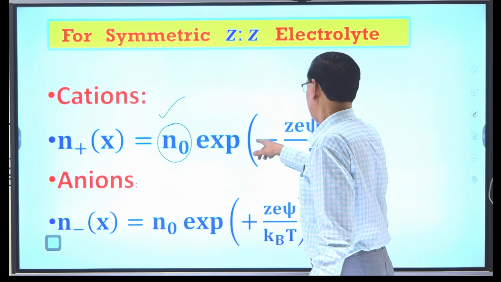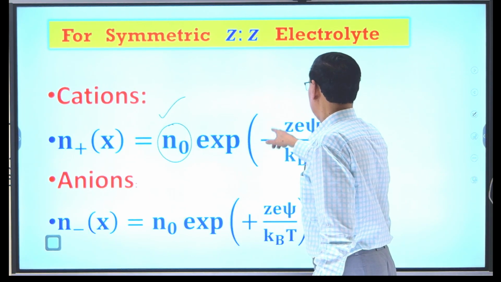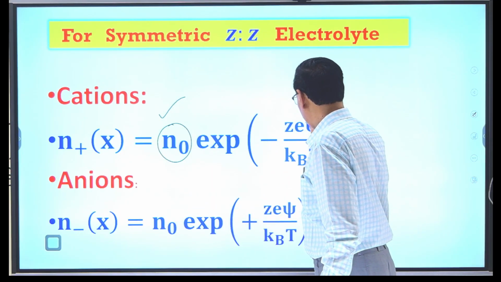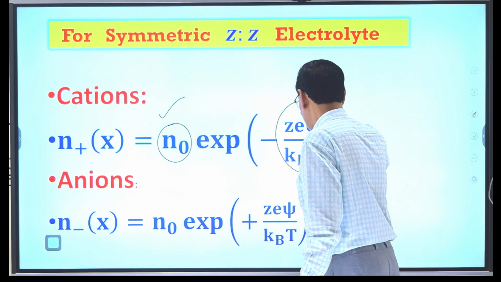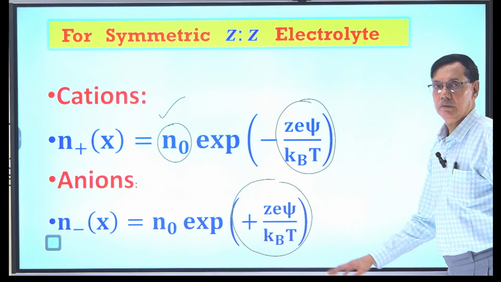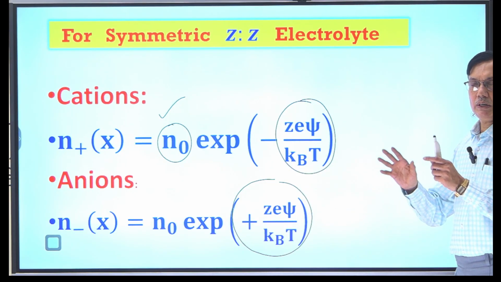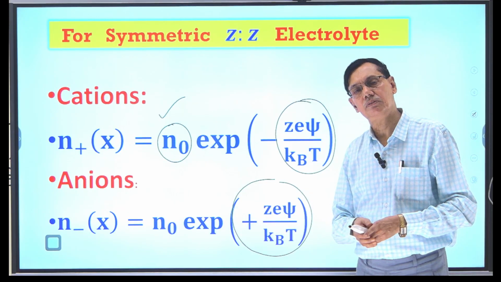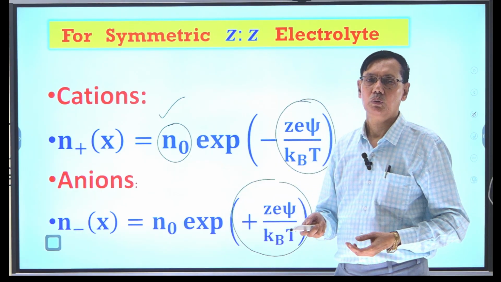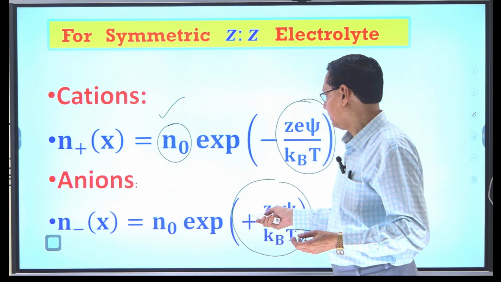Because you know that cation charge is positive, but here why is it negative? Because it's anion, so one is positive, same thing you see here. Clear? So one is for cations, another is for the anions, positive ions and negative ions. So I have to substitute this value in this equation.